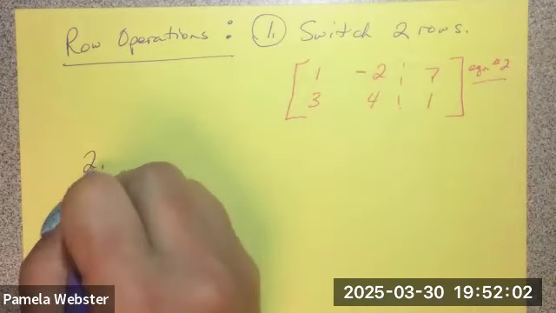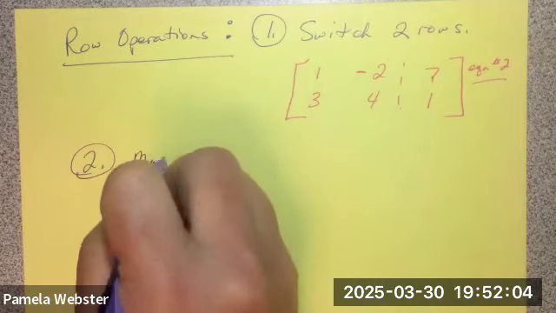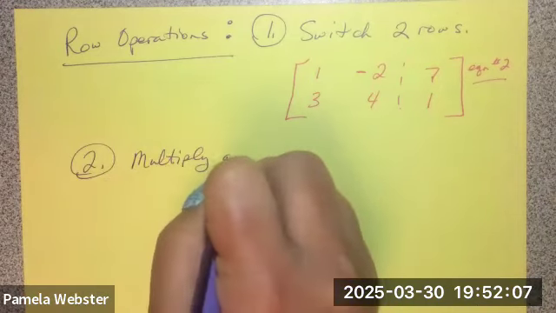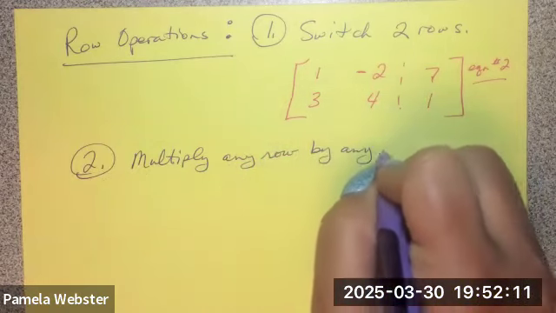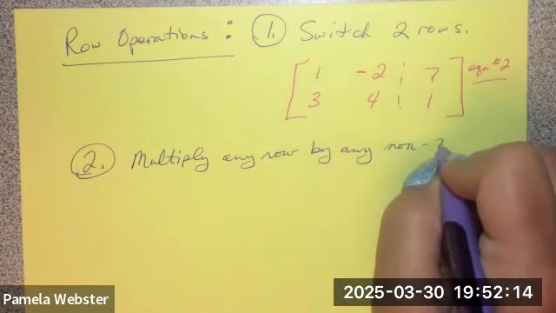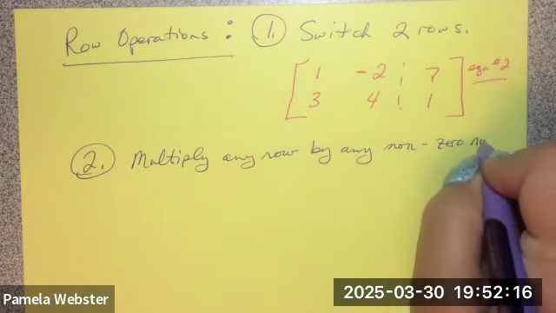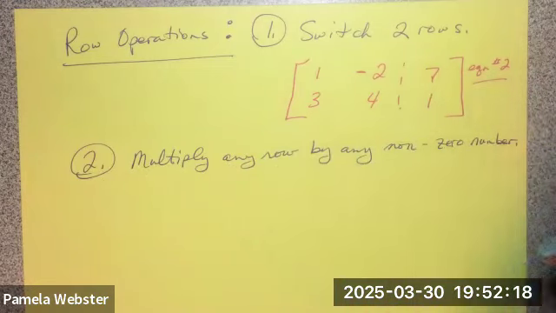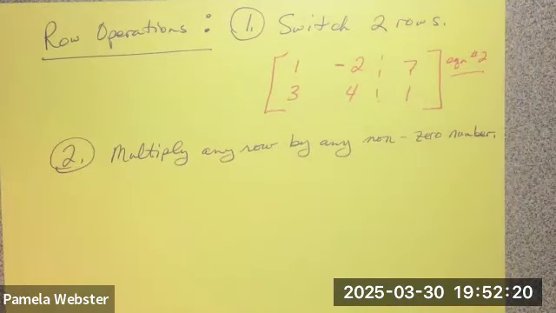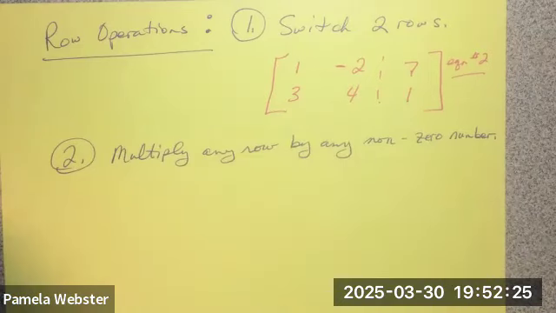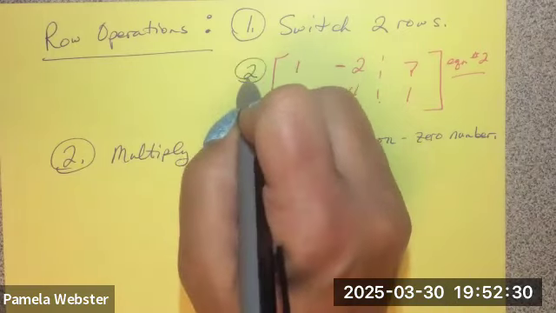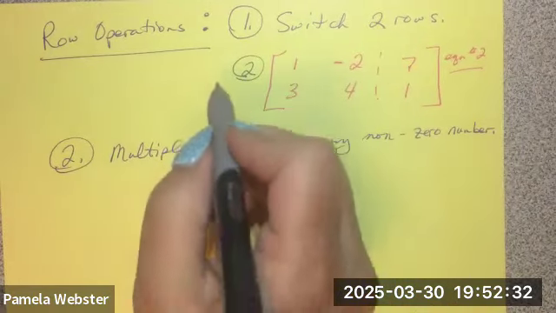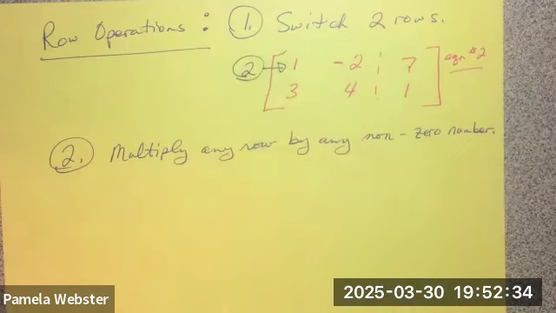So row operation number 2 is you can multiply any row by any non-zero number. Not 0, can't multiply by 0, but I can multiply by any other number I want to. And what we multiplied by was a 2. So you're going to see me say there's a 2 there, and I'm going to multiply it in.